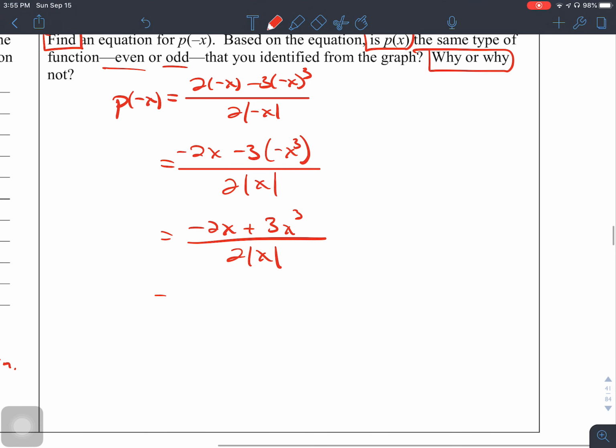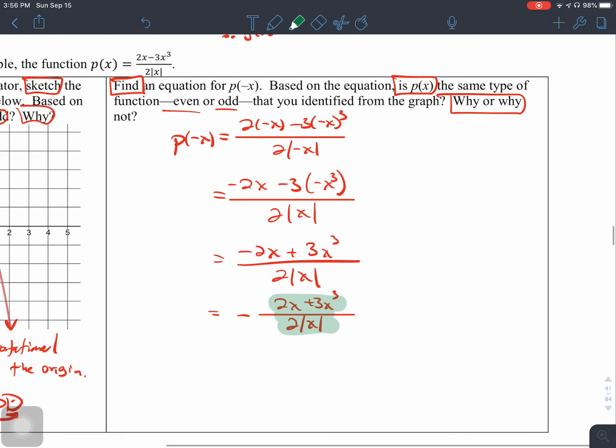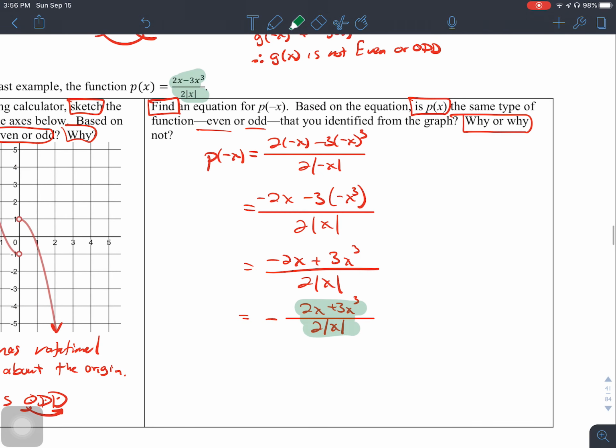But I could factor a negative out of the top. I'm going to put that negative all the way out to the front of the fraction. So this is identical to the original.